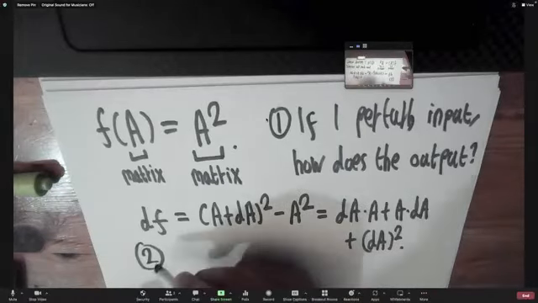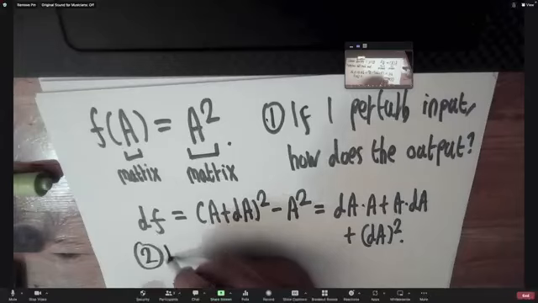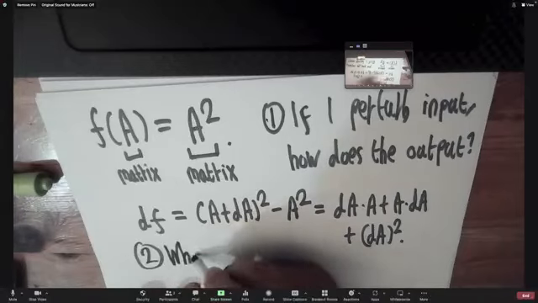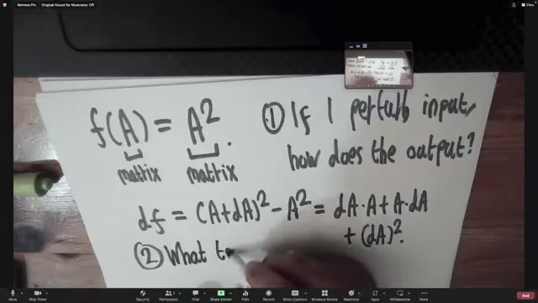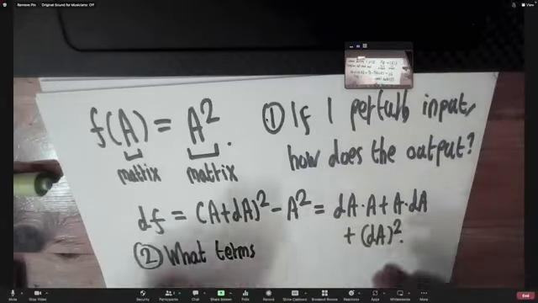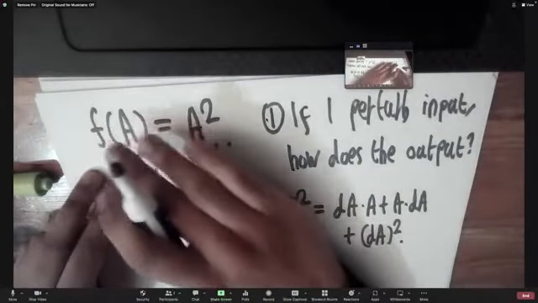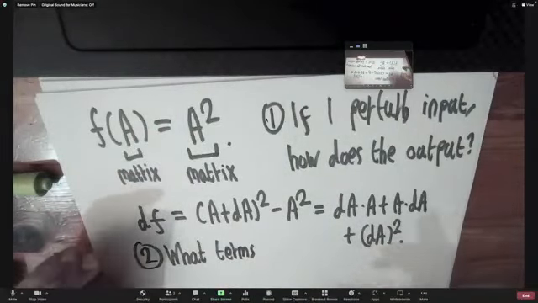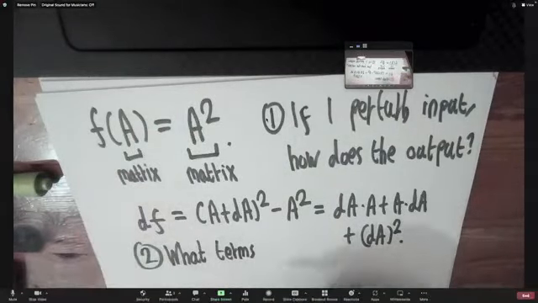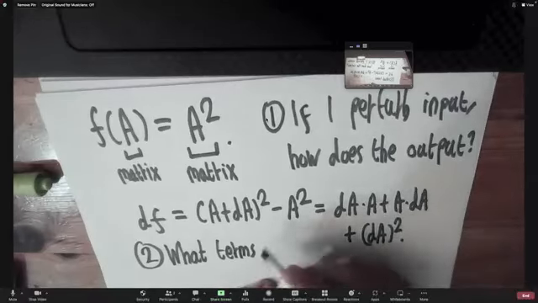What terms do I keep? What terms do I neglect? Because really our goal at this point is to form the derivative, the idea of which is to capture the sensitivity of f with respect to A to the first order, the most important effects, and we have to drop the rest. So the second question is what terms to neglect.